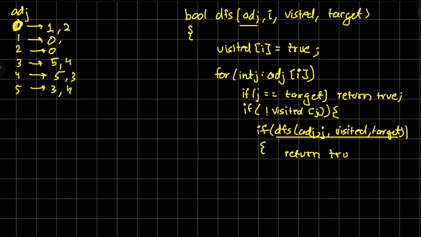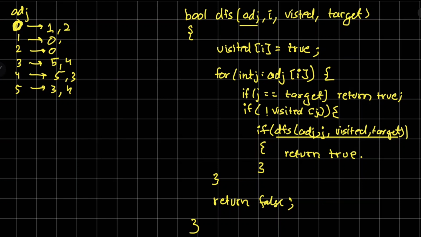We will not explore the further neighbors of i. If we get true, we will return true from here, and therefore this will go for all the neighbors, and if none of the neighbors were able to return true, this means that the path does not exist. So at last we will return false here. Okay, so that was our DFS function.